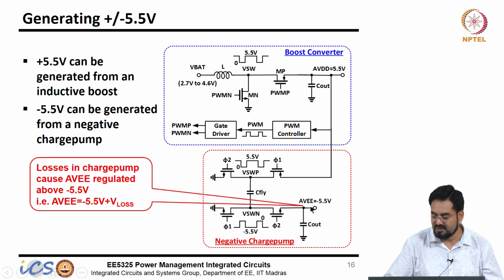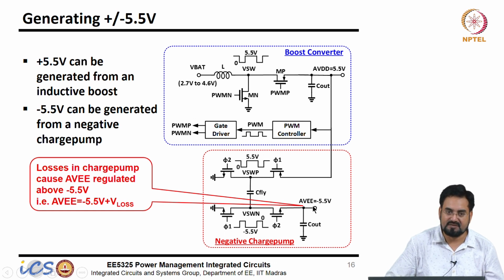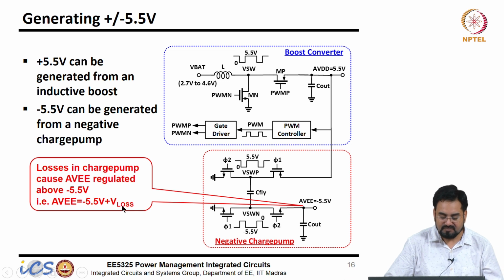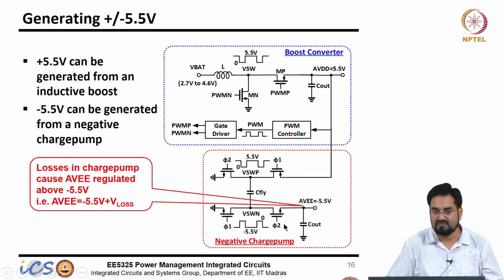So your output will never be exactly 5.5 volt, but below that. Let us say V loss is the total loss in the voltage. So your output will be minus 5.5 volt plus V loss, and if V loss is, let us say, 100 millivolt, then instead of 5.5 volt your output will be minus 5.4 volt. So your output will not be regulated exactly at 5.5. So we need to fix this.